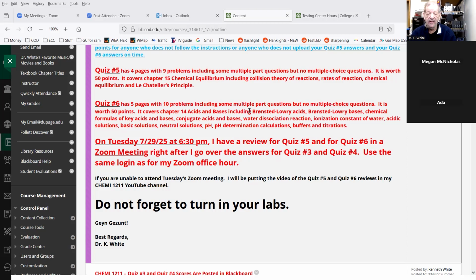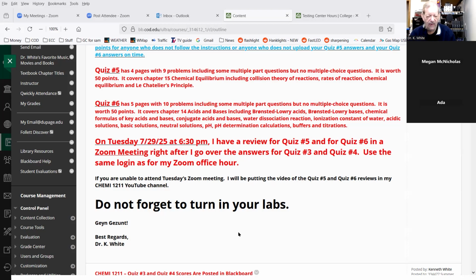That includes Bronsted-Lowry acids, Bronsted-Lowry bases, chemical formulas of key acids and bases, conjugate acids and bases, water dissociation reaction, ionization constant of water, otherwise known as Kw, which is not named after me, even though I like to think so, and acidic, basic solutions, neutral solutions, pH determination calculation, buffers, and titrations.